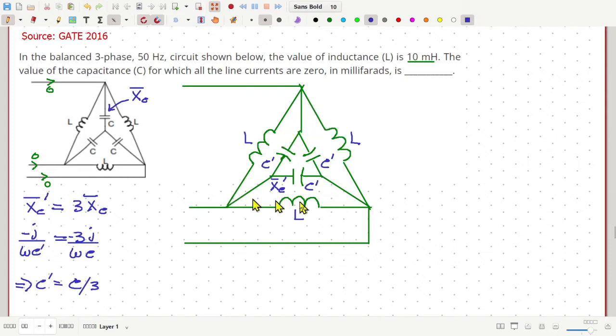Now this equivalent circuit can also be drawn in the following way. So let me remove this wire and suppose I put a wire here and here. Okay. So let me rather draw it in this way, like this.